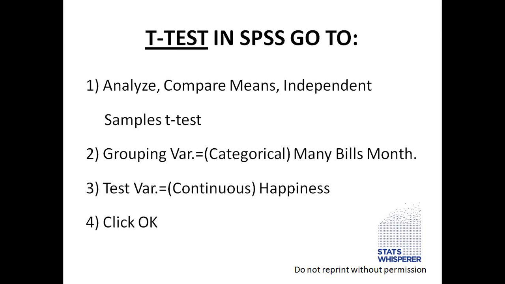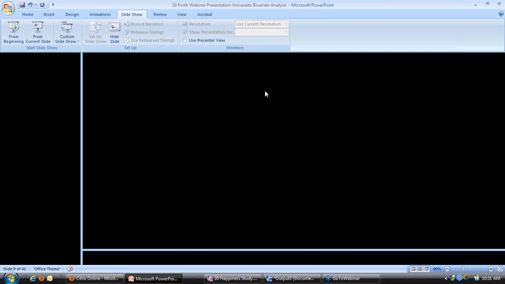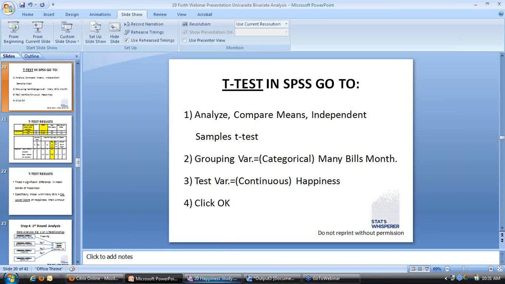So the t-test in SPSS, first you need to go to Analyze, Compare Means, Independent Samples t-test. Then we're going to specify our grouping variable, which is our categorical variable, our test variable, which is our continuous variable, and click OK. So let's do that right now.